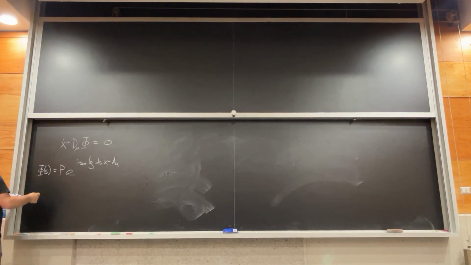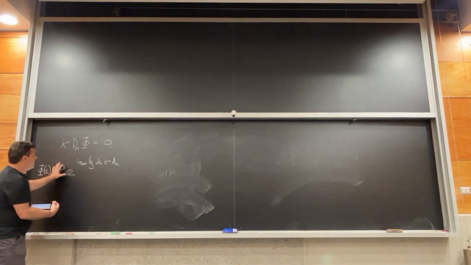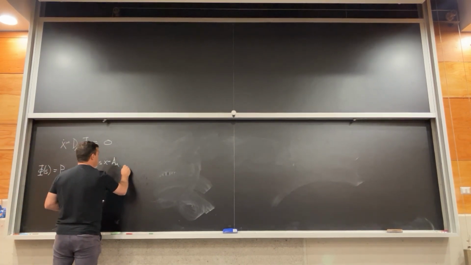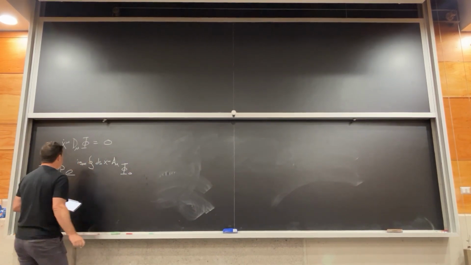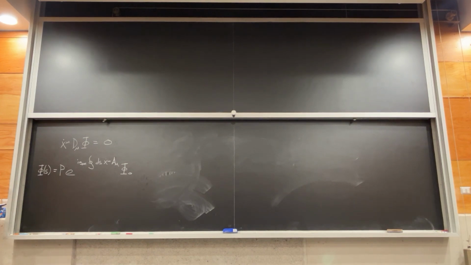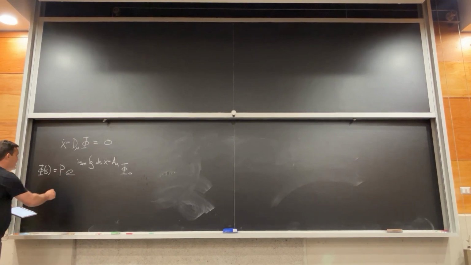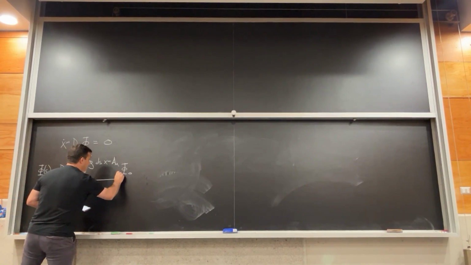So this is our, let's say, our matter field transforms in the fundamental of SU(N), if you like. This would be the Higgs, this would be quarks, whatever field you want. And then this acting on some constant phi 0. Okay, so that was the answer, and then that motivates giving this guy a name.